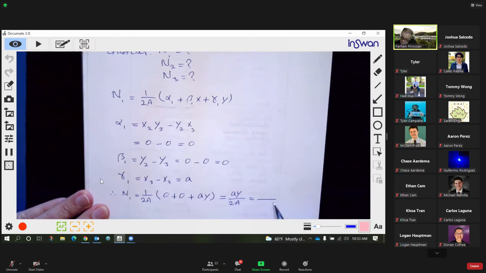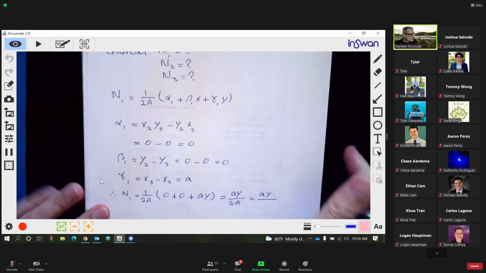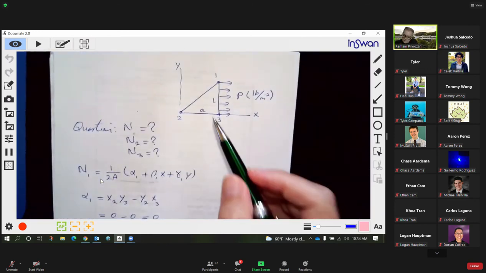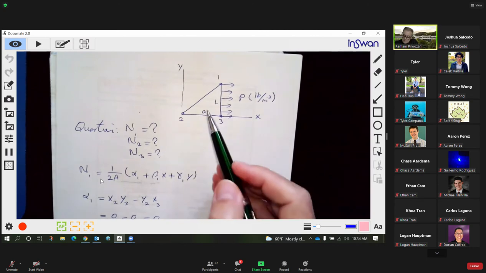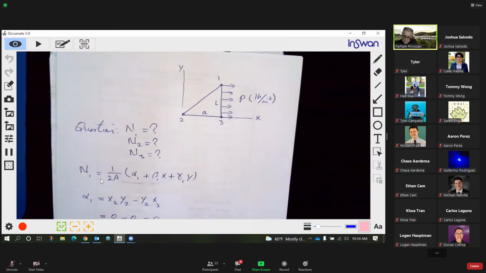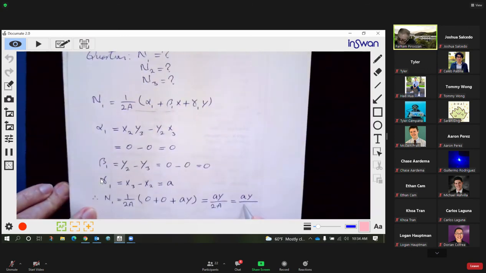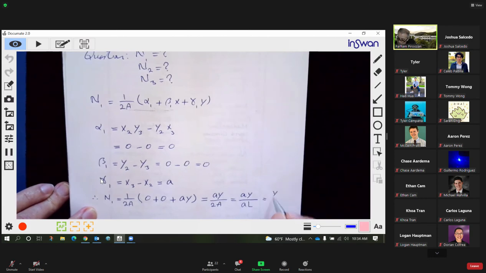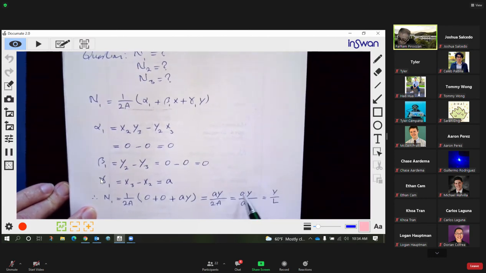We can even simplify this further. 2A is twice this area, which is a times L. So this would be a times L, which is actually y over L. This a cancels with this.